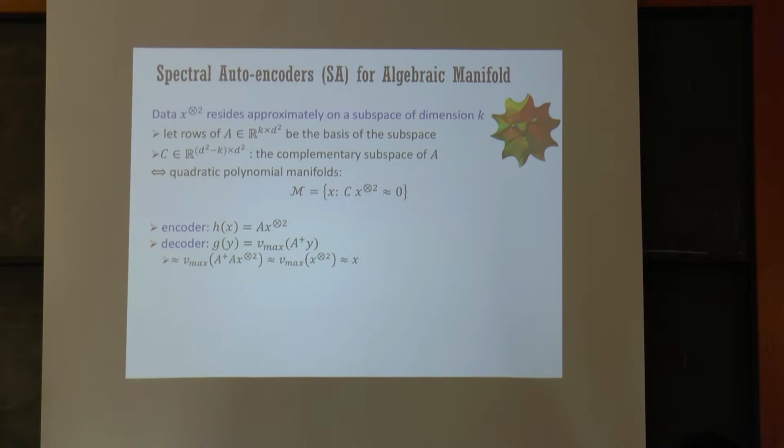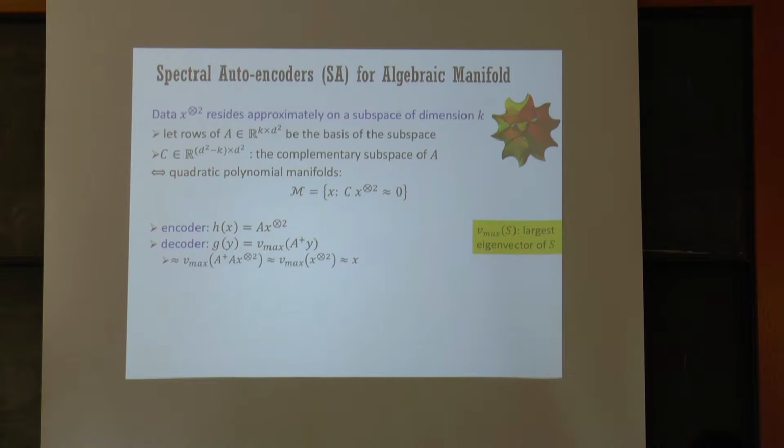And what are the encoders and decoders for this problem? The encoder naturally is just the projection, the linear transformation. The decoder is a little bit subtle, right? Similar to PCA, what you want to do is take the pseudo inverse of A and multiply it with the encoding, and then we take this Vmax.